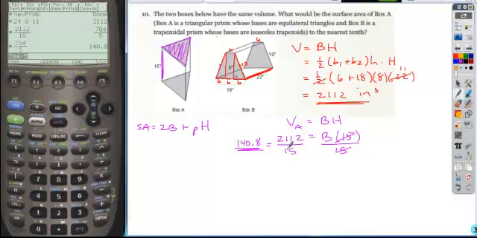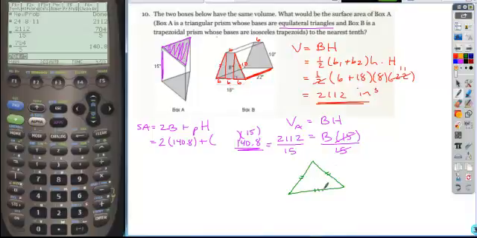My B value here is 140.8, so I take 2 times 140.8 plus, I need to know my perimeter, and then times the height of the whole thing, which is 15. In order to find the perimeter, I need to know what each side length is for this triangle. You're told it's an equilateral triangle, so I'm going to take a look at that separately. All of these sides are the same length.